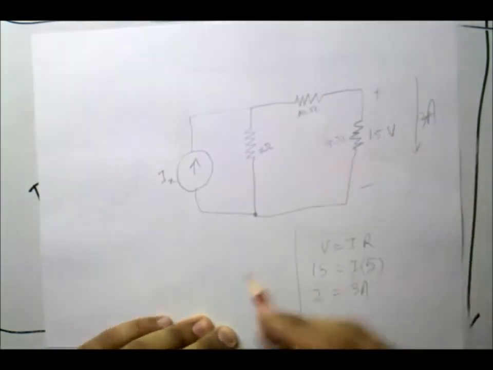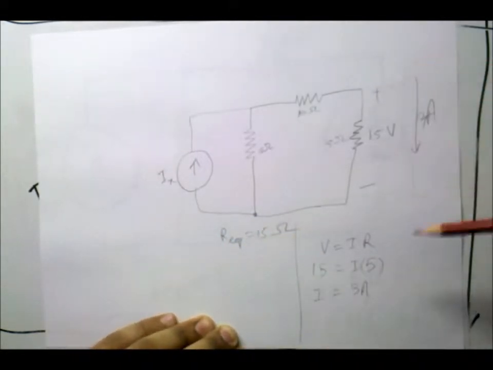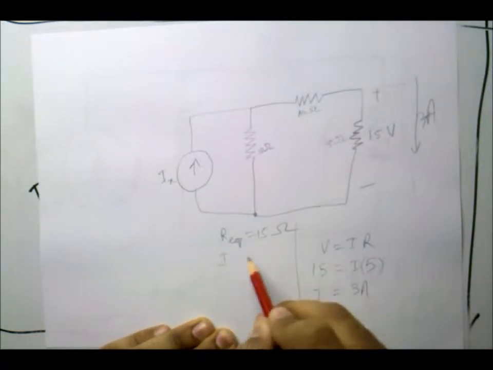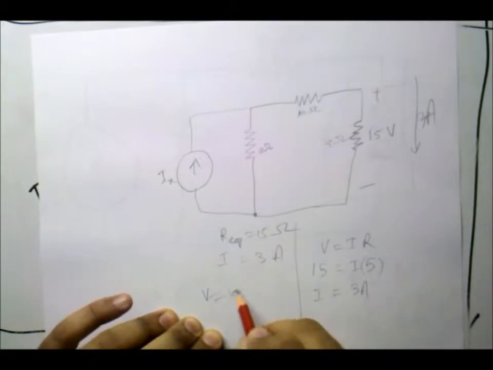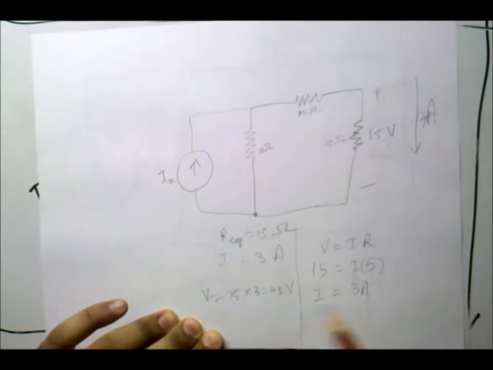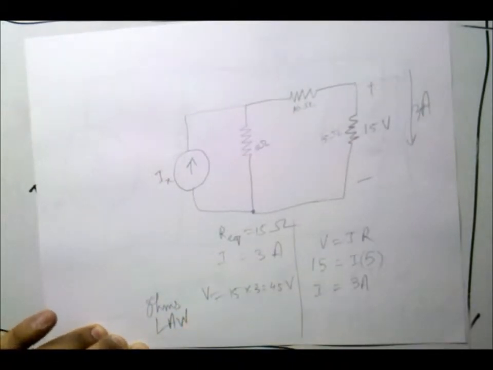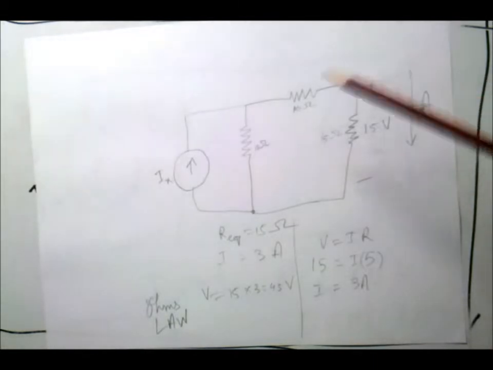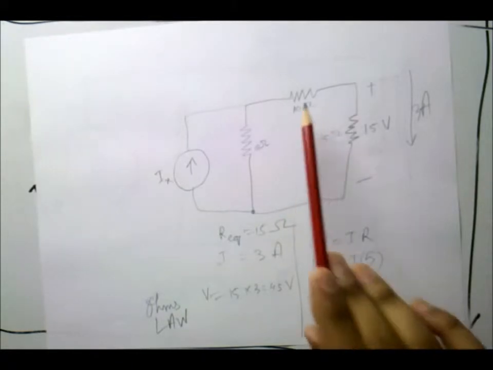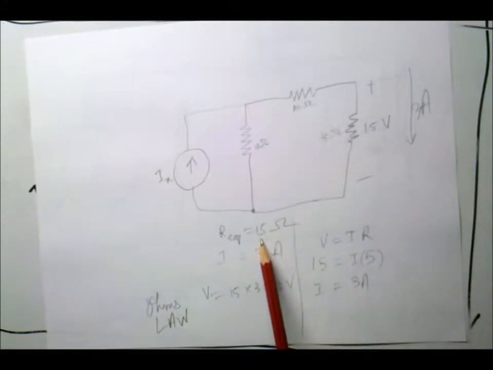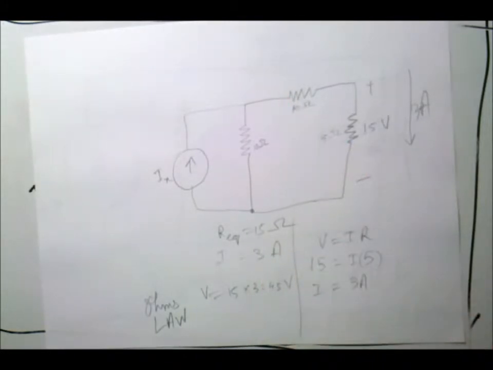If this is 15 ohms and the current flowing through them is 3 amperes, the voltage will be, through Ohm's law, remember, when the resistors are in series, they have the same current flowing through them. Hence, we could combine these two resistors to get a 15 ohm resistor, and the current flowing through it is 3 amperes. So the voltage across this resistor is 45 volts.